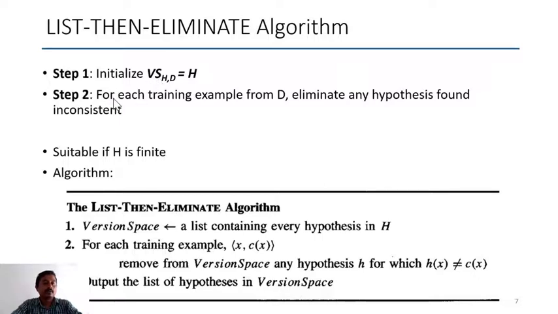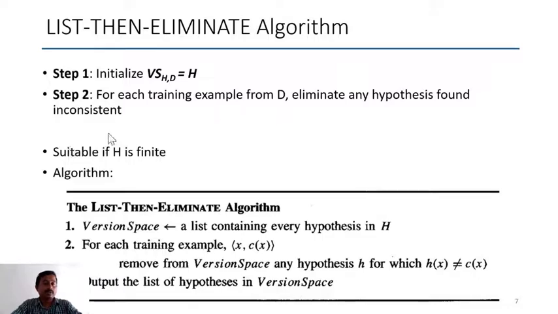The second step is, for each training example from D, eliminate any hypothesis found inconsistent with that example. Thus the version space shrinks as more examples are observed. Ultimately we will get the correct version space.